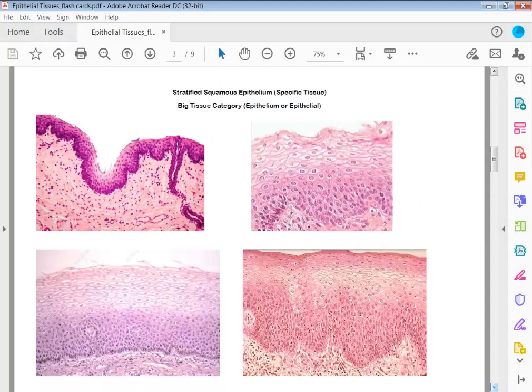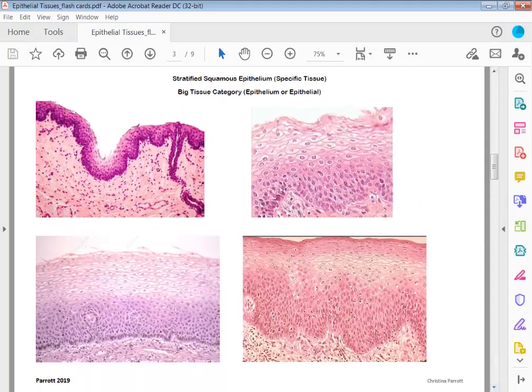Going to our next tissue here, this is stratified squamous epithelium. What you're looking at is you can see just rows and rows and rows all the way down here of epithelial cells. So that means the first name, multiple rows or multiple layers, is stratified. Second name is going to be the shape. If you look up at the top row of cells, they're not tall columns or rectangular, so it's not columnar.